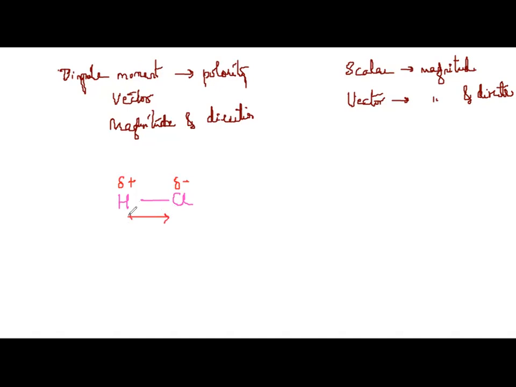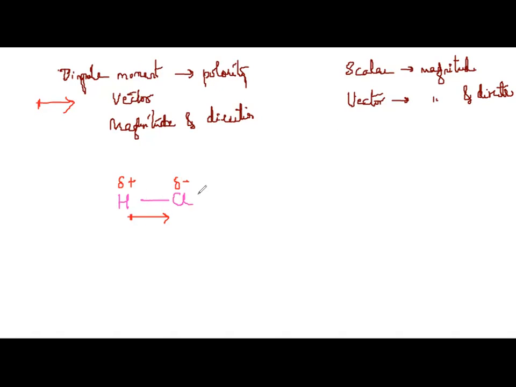And there is a positive sign at the tail. A positive sign means there is less electron density at the tail. So this arrow mark is used to denote dipole moment, towards the more electronegative atom, with a positive sign at the tail. It has some value, and there is a formula to calculate it. Does it not have direction also?